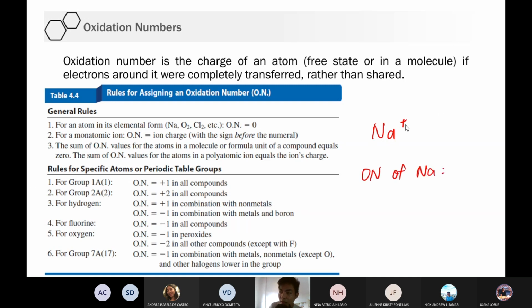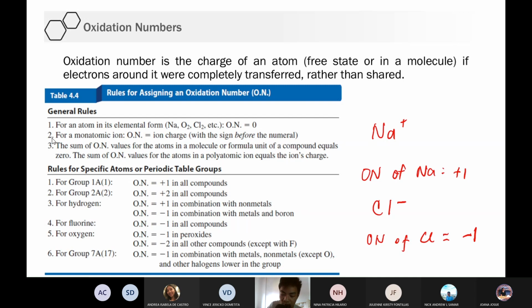Kung ano yung charge ng atom na yan, yun na yung kanyang oxidation number, positive 1. How about Cl-? What's the oxidation number of Cl? That's negative 1.